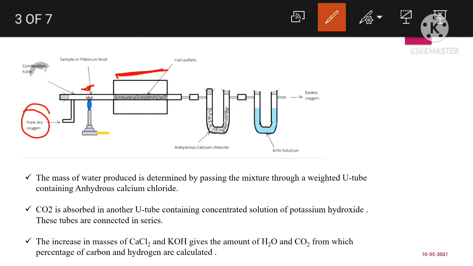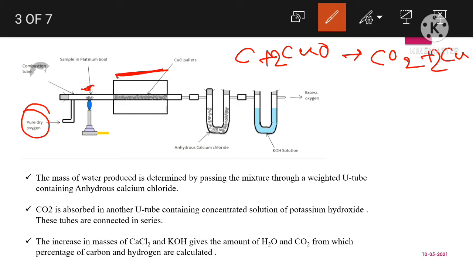Previously in our qualitative analysis lecture we have seen that carbon present in our organic compound will react with this copper oxide and it will give you carbon dioxide plus free copper. Okay, so I am matching the stoichiometric amounts like this.